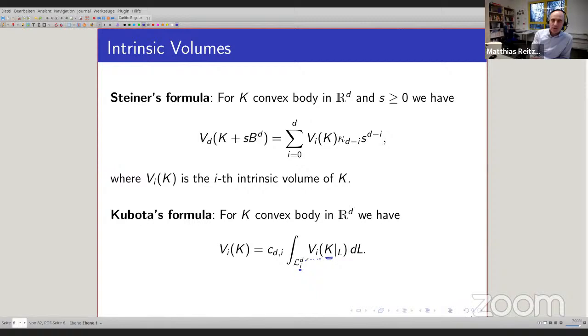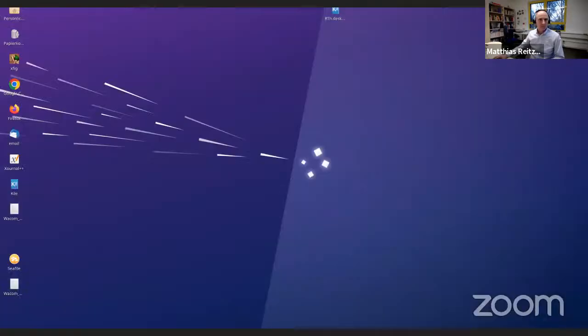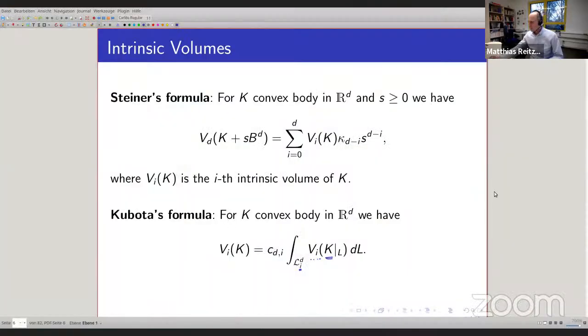And the mean shadow volume, this is the ith intrinsic volume. So this is somehow, I would say, the nicest geometric interpretation of the ith intrinsic volume as the mean shadow size. So this is Kubota's formula, and these are the two possibilities to define the ith intrinsic volumes in a nice way. Okay, so let's continue.